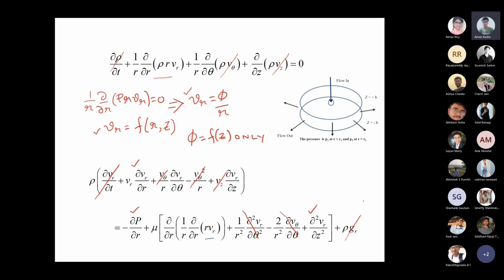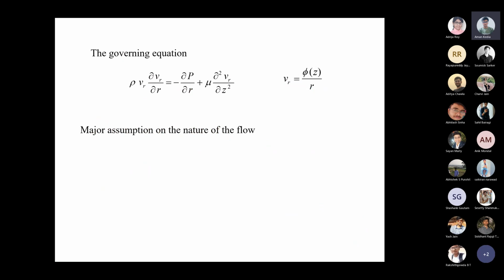So what I have then is the second term on the left hand side, the second term on the right hand side, and the last term inside the third bracket. These are going to be the reduced form of the equation of motion.